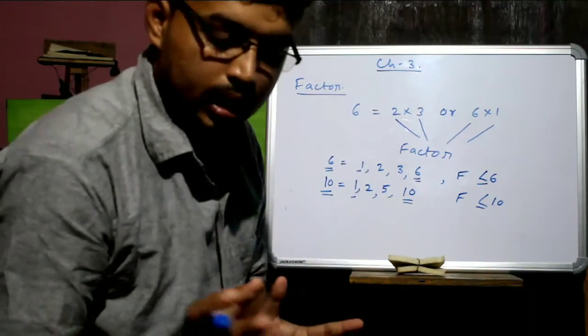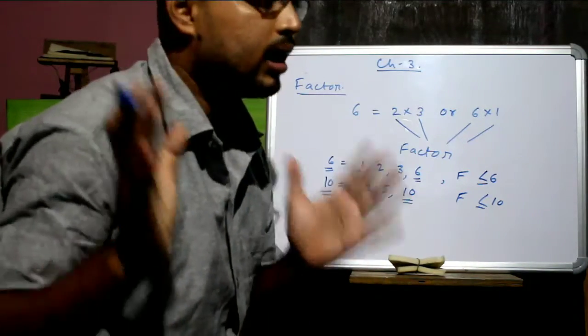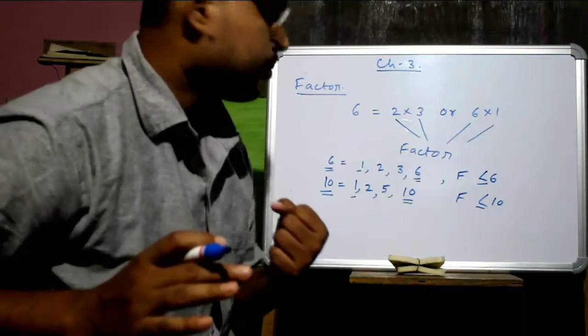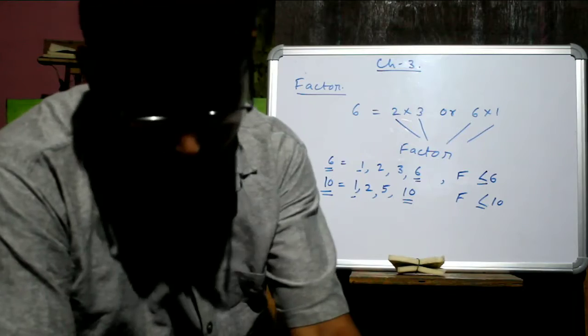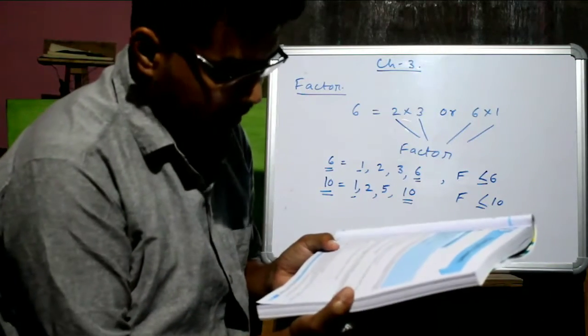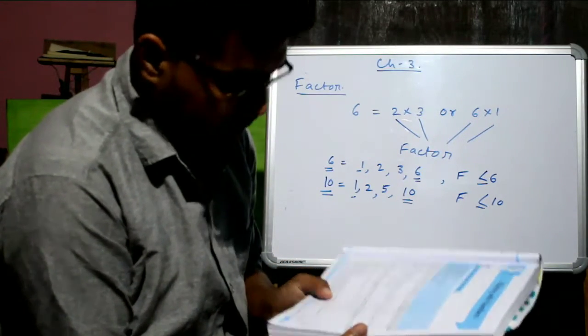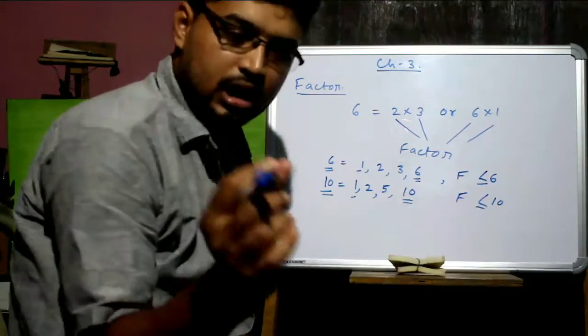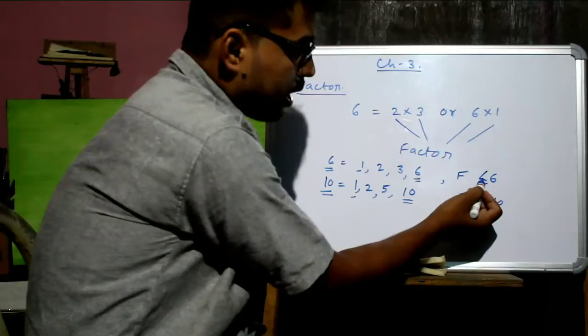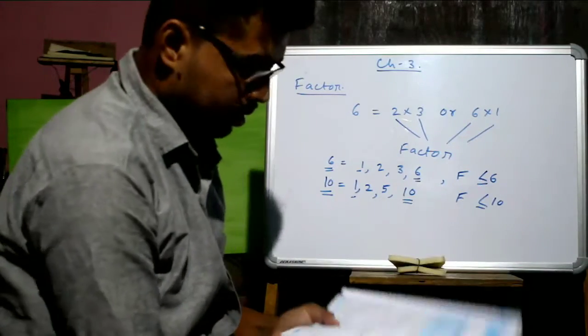Number 2, every factor of a number is less than or equal to the number. Individually, every factor is less than or equal to the number.